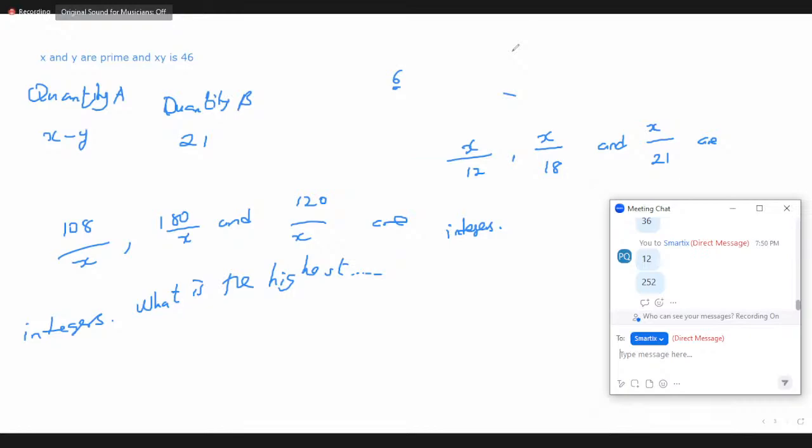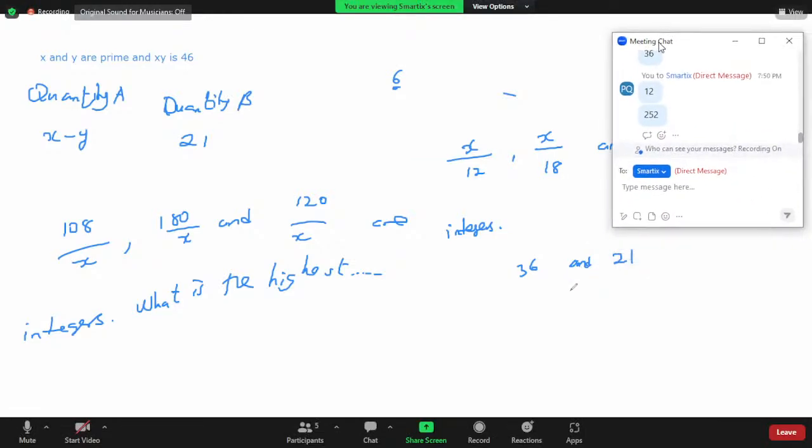Okay, Stacy, what's your answer? Okay, good. So if you take these things, you just have to take them in pairs. For 12 and 18, the LCM is going to be 36. So now you're going to have 36 and 21. For 36 and 21, the highest common factor is 3.